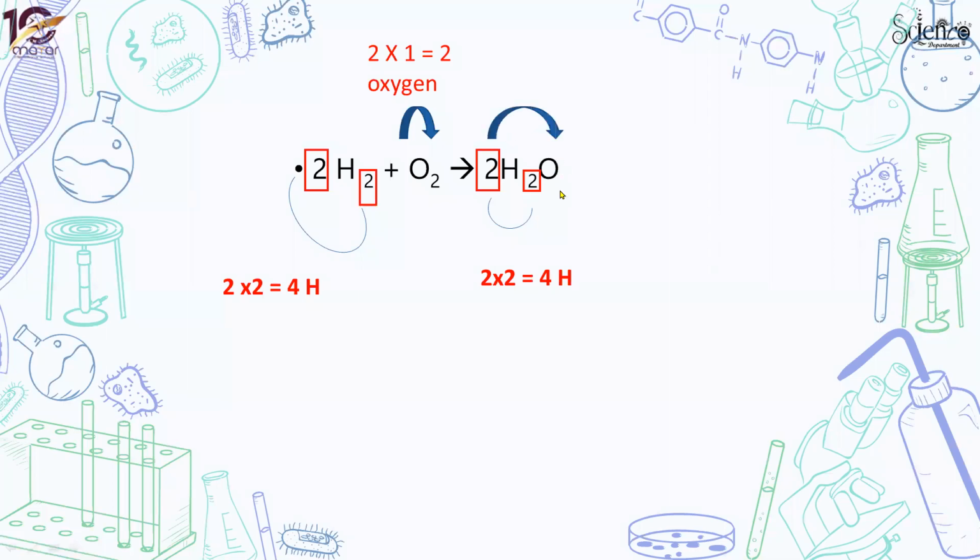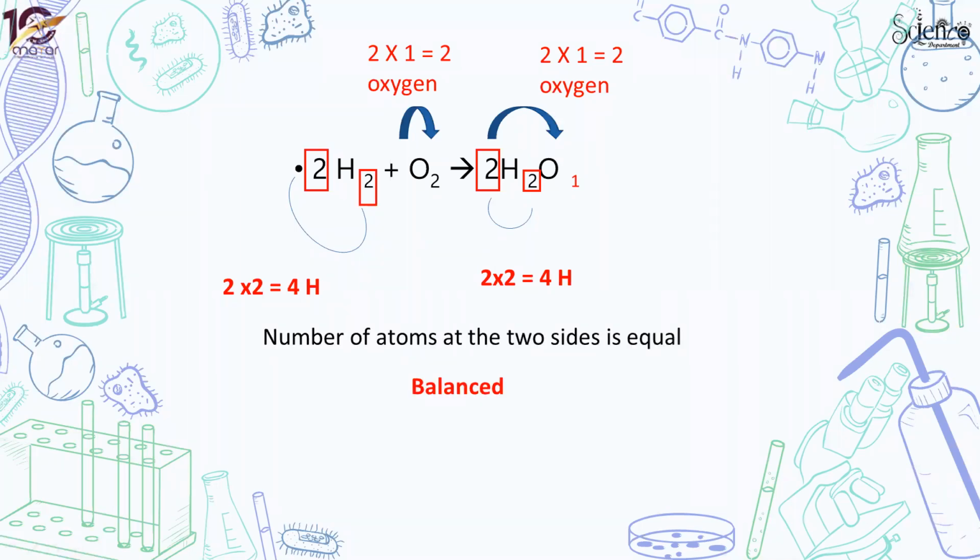So 2 times 1, okay? 2 times 1, which is 2 oxygen atoms. Now, the number of oxygen atoms in product and reactant is equal. So this reaction is a balanced reaction. Okay? So this chemical equation is balanced.